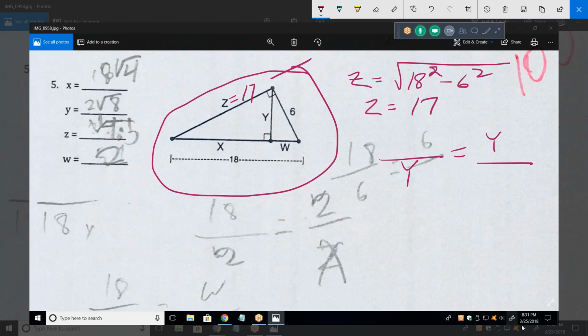What I have written down in my notes, you need x and w to solve for y. To solve for x, you could use 18 and 6, and then to solve for w, you can use 17 and 18.